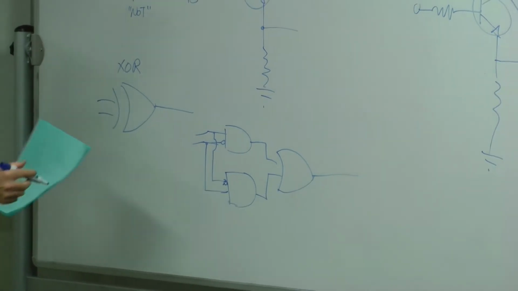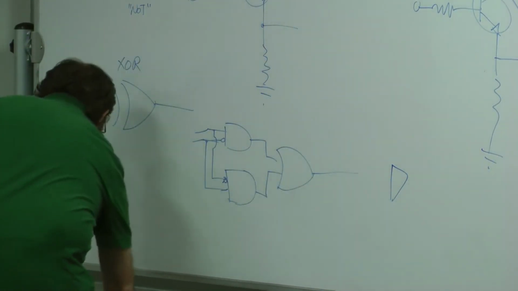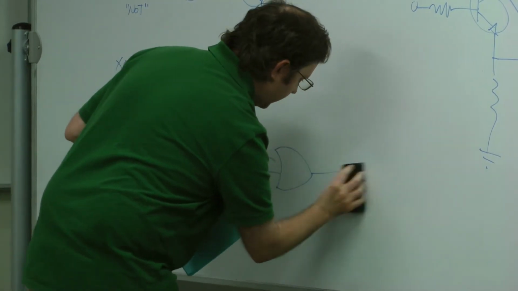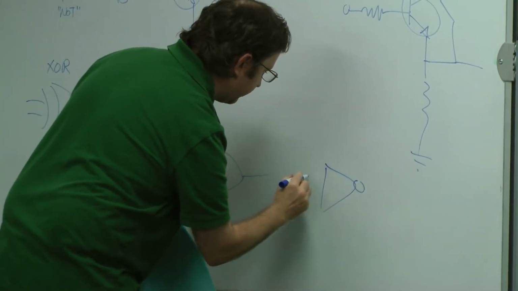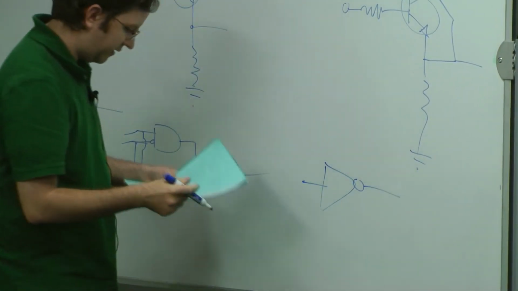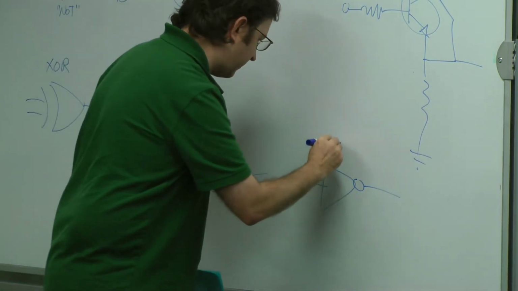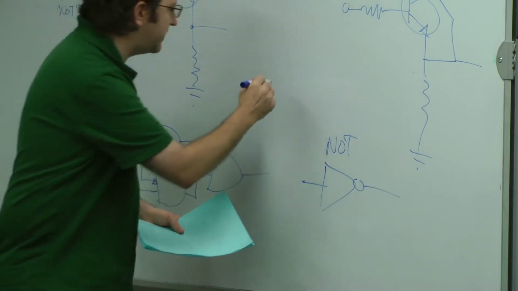And finally, you have NOT gates, which is actually one of several unary functions. In the case of the NOT gate, it's fairly simple.